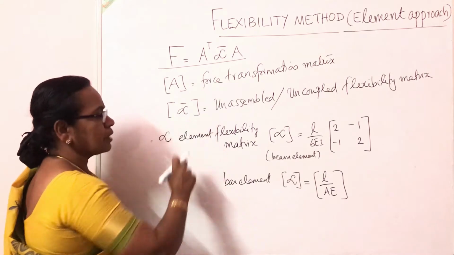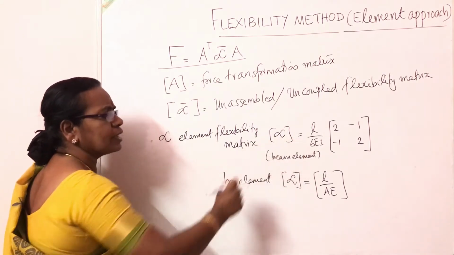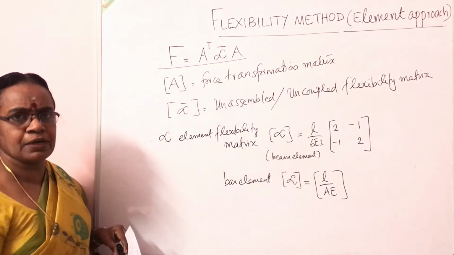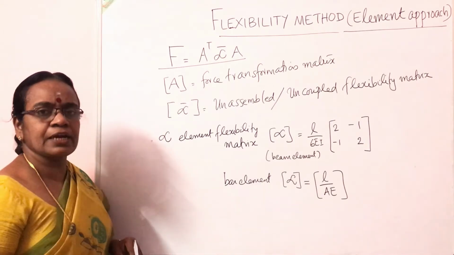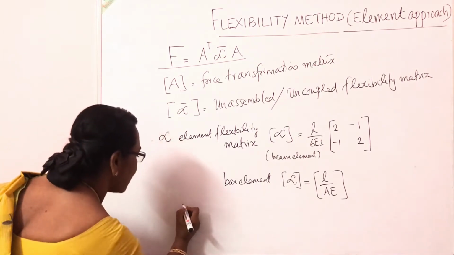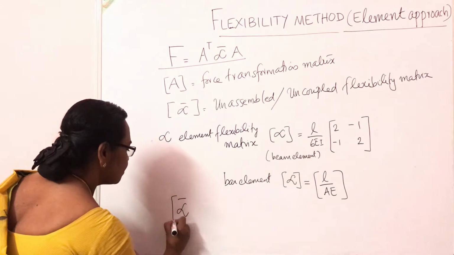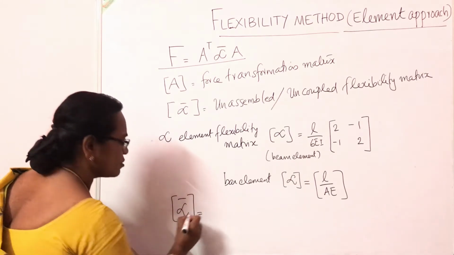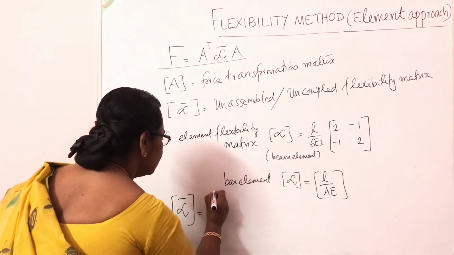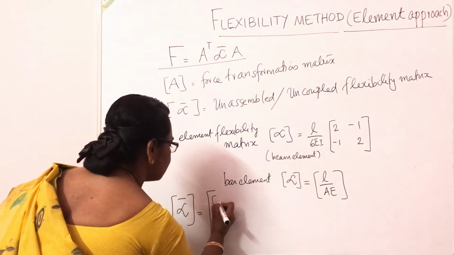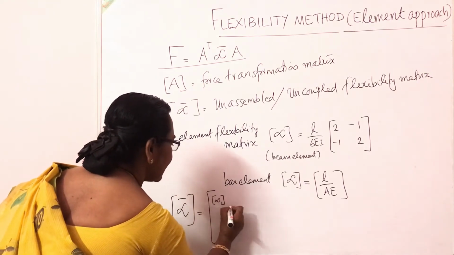Now, what is this alpha bar? If there is only one element, it is L by 6EI into [2 minus 1; minus 1 2]. Suppose in the structure there are n number of elements, then this alpha bar or the uncoupled flexibility matrix is obtained by arranging the element flexibility matrices in a diagonal manner.